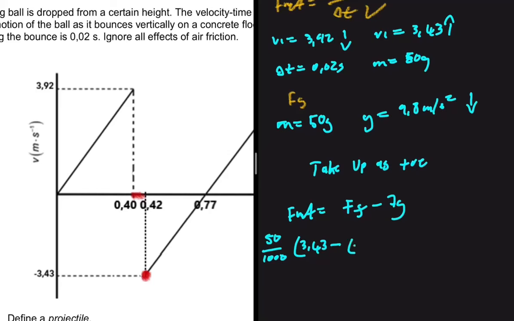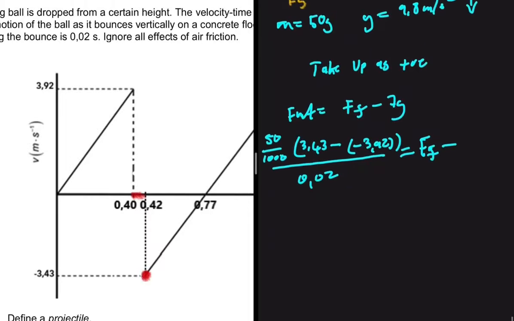If it is downwards, we should substitute it with the minus sign if we take up as positive. So we're going to have minus 3.92. We close that bracket and we divide everything by 0.02. And then this will be equal to the force that is exerted by the floor minus Fg.